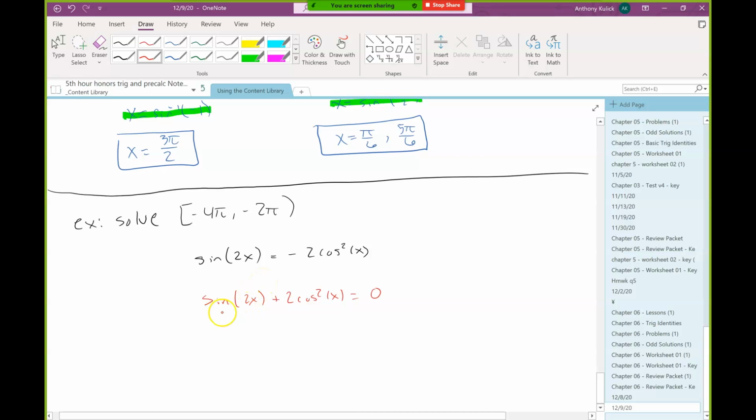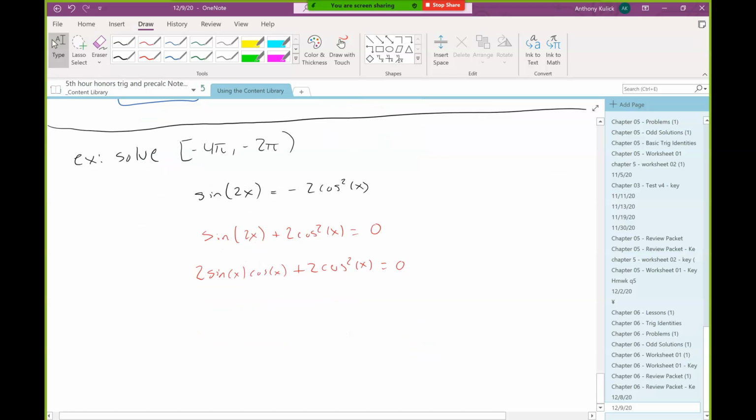I can either use the sum of 2 angles for sine, or I can use the double angle identity. The double angle identity, I think, would be the better one to use here because it's got just one term to it instead of having another sum there. I think it'll probably just make life a little bit easier to use that one.